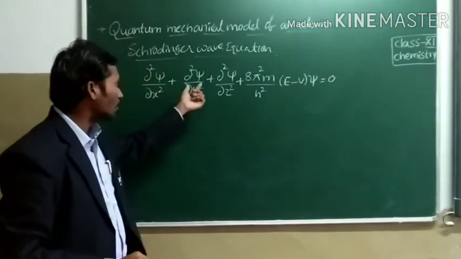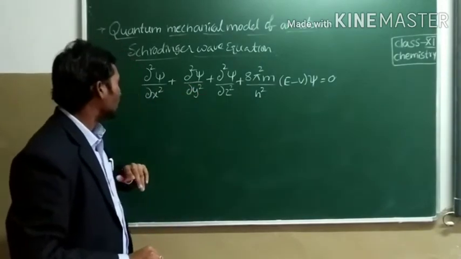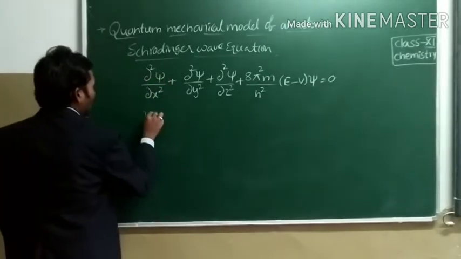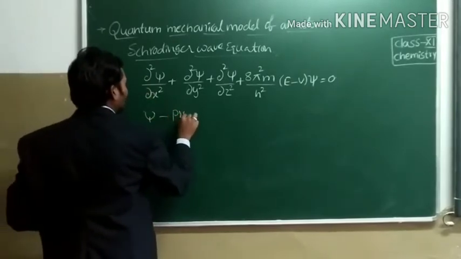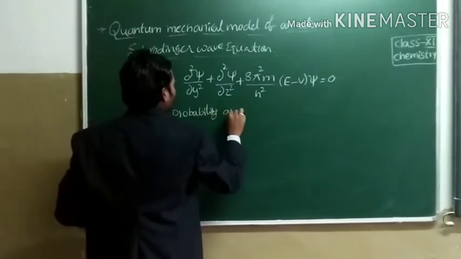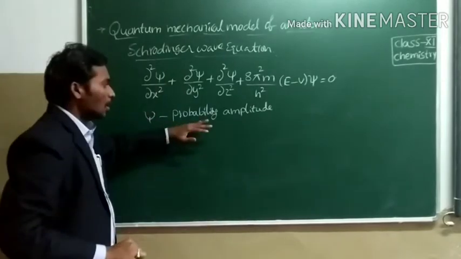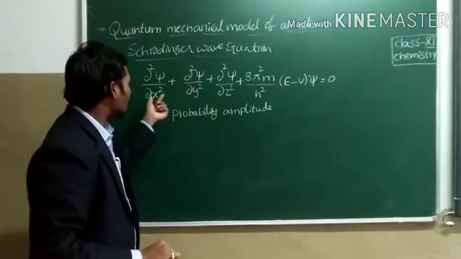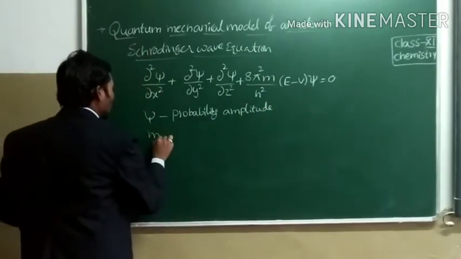Double differentiated equation along the x, y, z coordinates. Here ψ is the probability amplitude of the wave function, x, y, z are coordinates, and m is the mass of the particle.